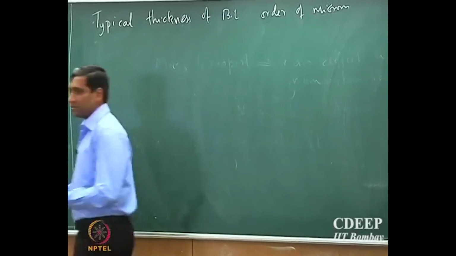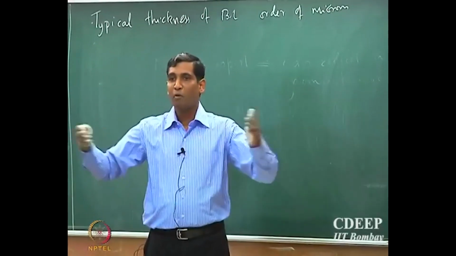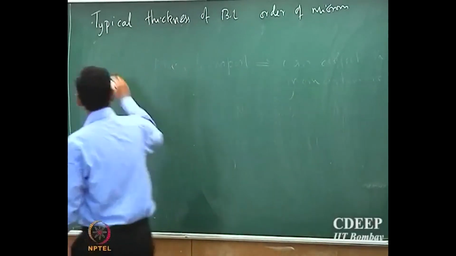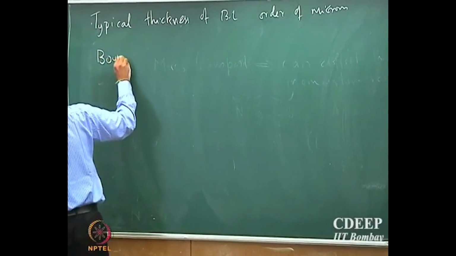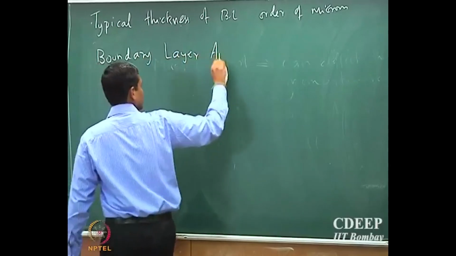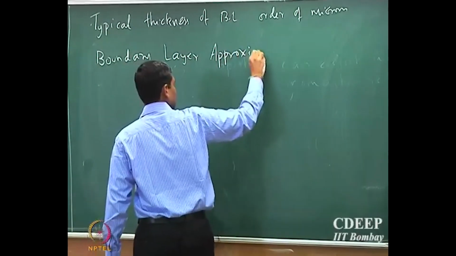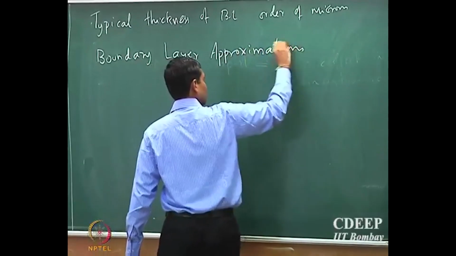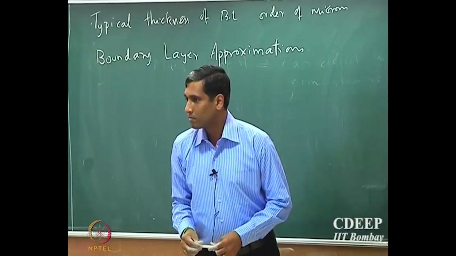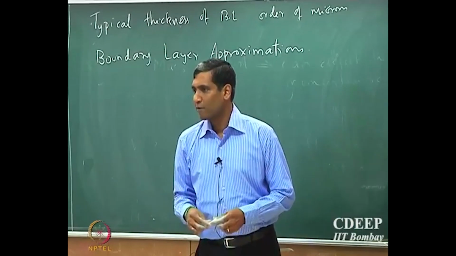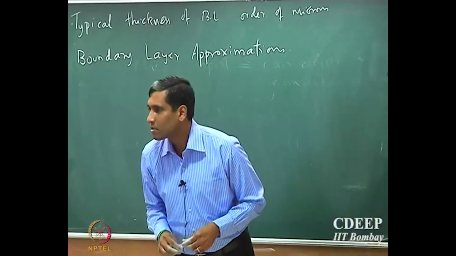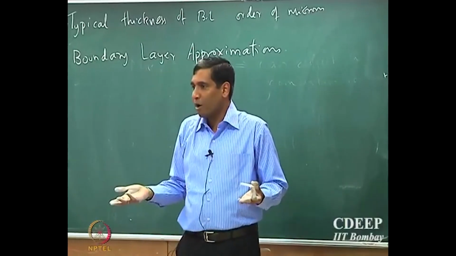Because the thickness of the boundary layer is much smaller than the length of the plate or the system that you are looking at, we can introduce something called the boundary layer approximation. Yes, that is the typical order of magnitude. It is very small.